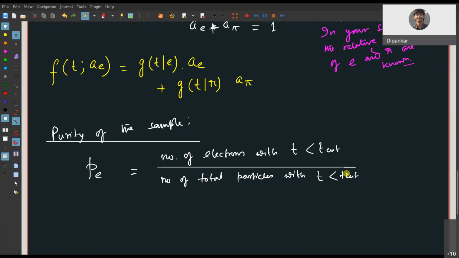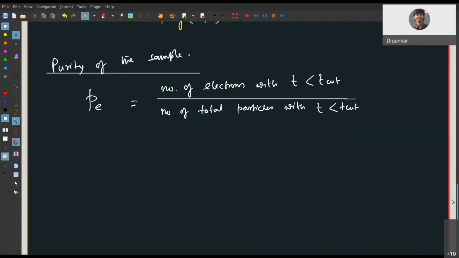Now I am interested in the ratio: how many electrons do I get for t less than t cut compared to my total number of particles with t less than t cut. That is kind of easy to calculate.